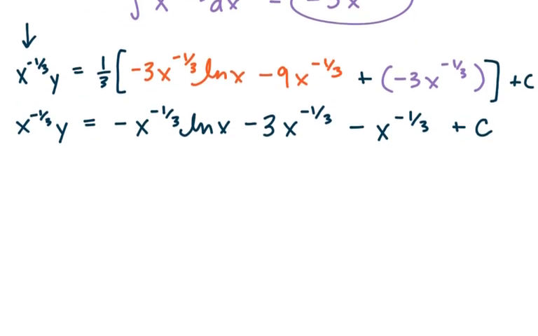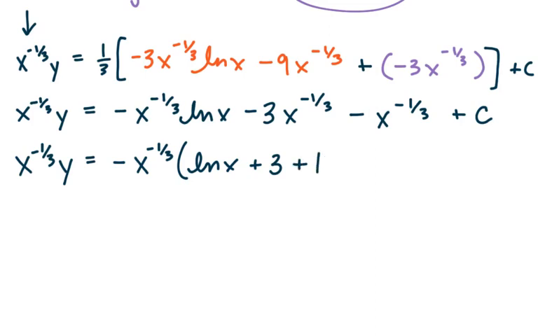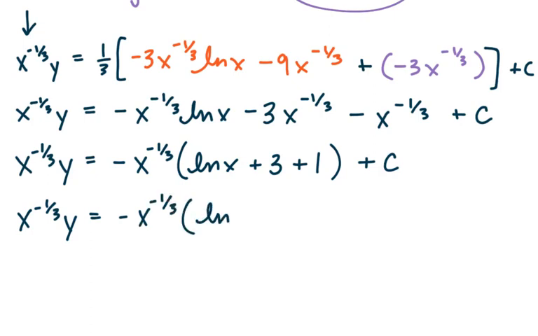So you'll notice here that all my terms on the right have an x to the negative 1/3. I'm going to factor that out as a GCF. So I've got negative x to the negative 1/3. Pulling that out leaves me with natural log of x plus 3 plus 1 plus my c value. And so doing that, I have natural log of x plus 4 plus c.